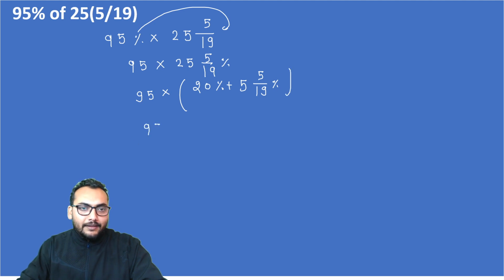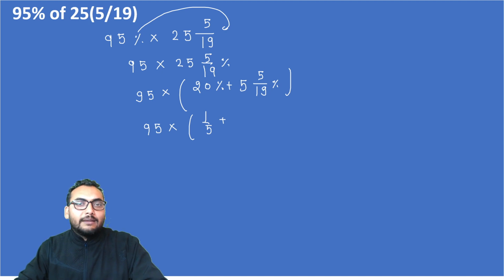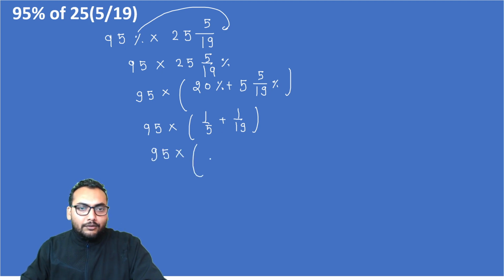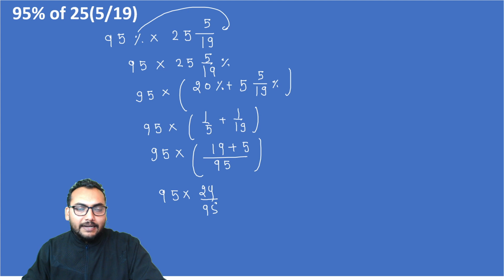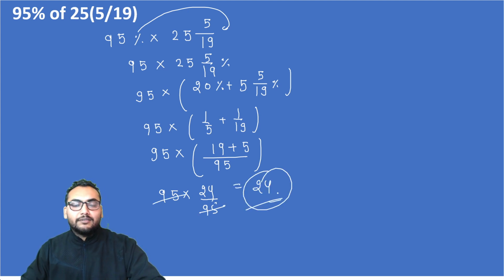You all know that 20% is basically 1 by 5, and 5 whole 5 by 19% is basically 1 upon 19. When I take the LCM, I get 95. Here 5 19s and 19 5s. So it is 95 multiplied by 24 divided by 95. 95 and 95 will cancel out, so I will get 24. That is the answer for this question.